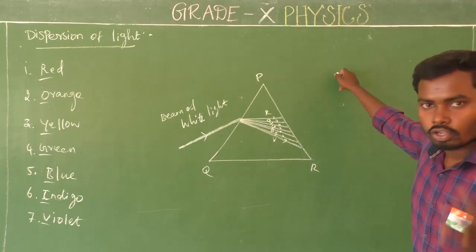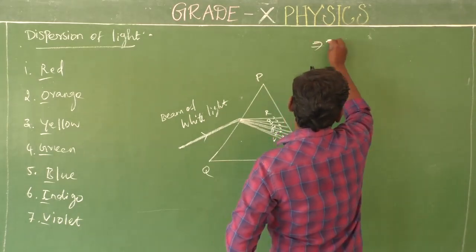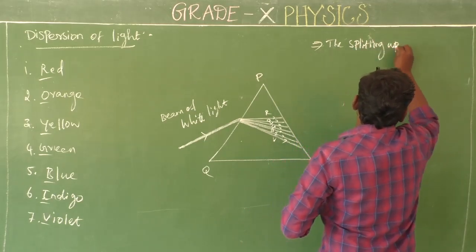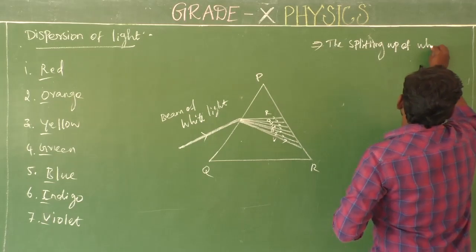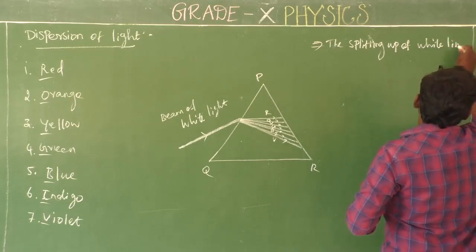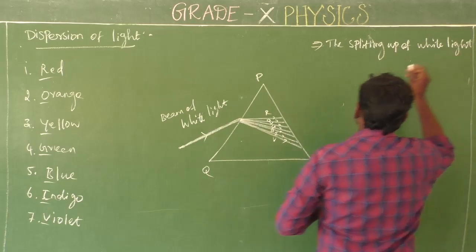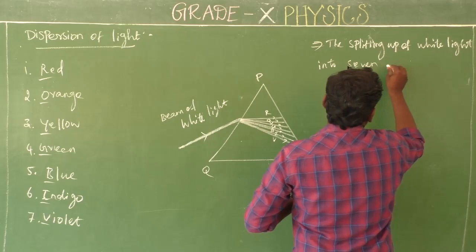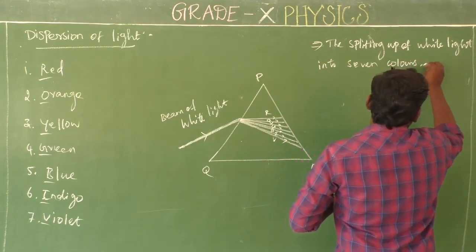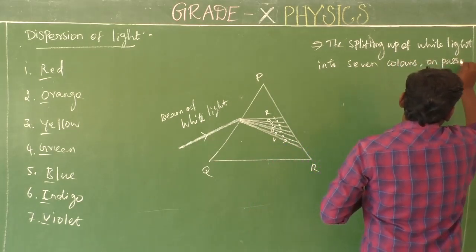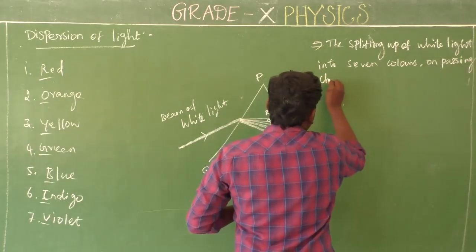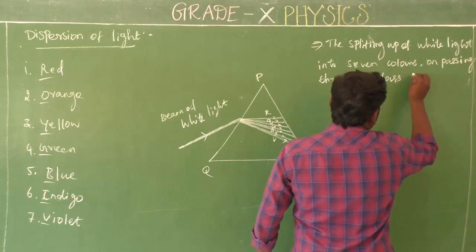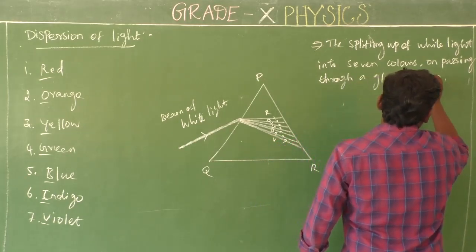Okay, I'll write here. You look at here. The splitting up of white light into 7 colors on passing through a glass prism.